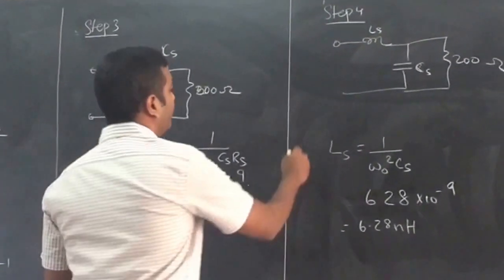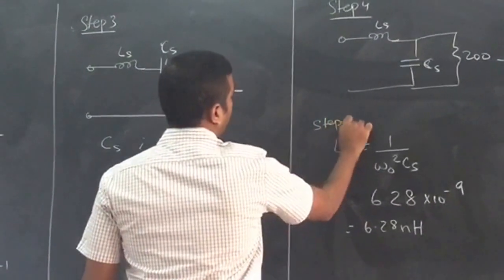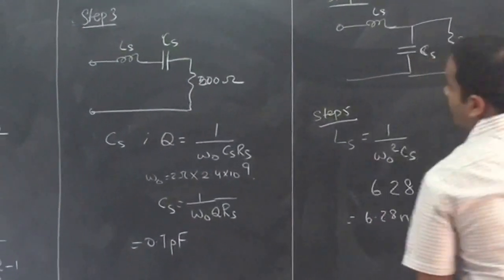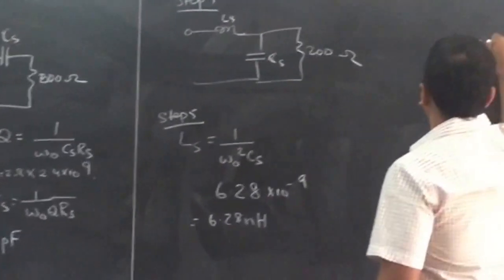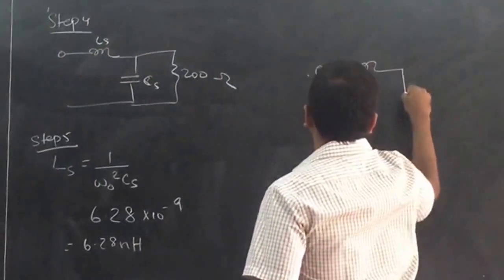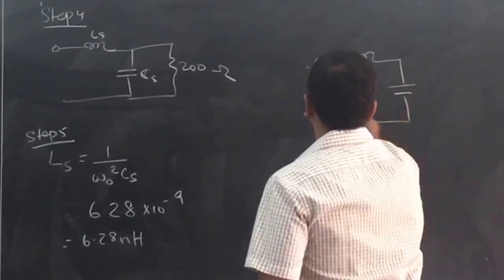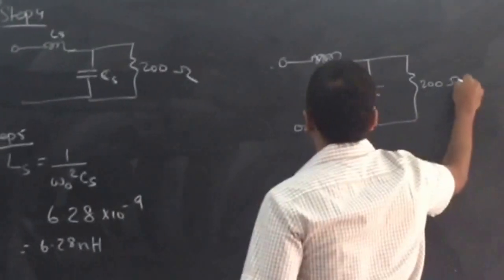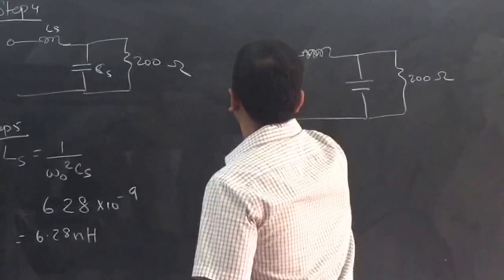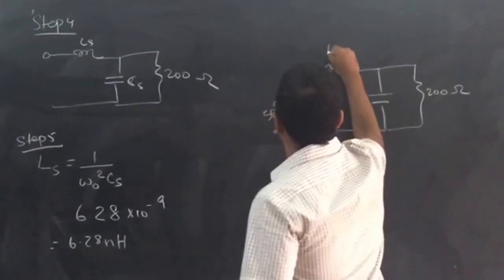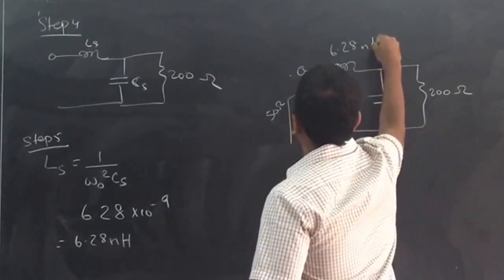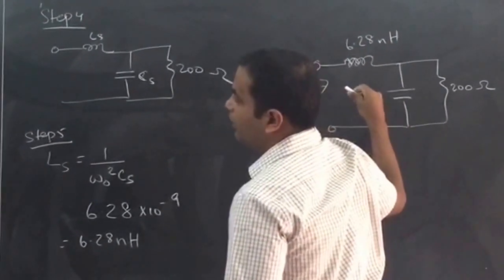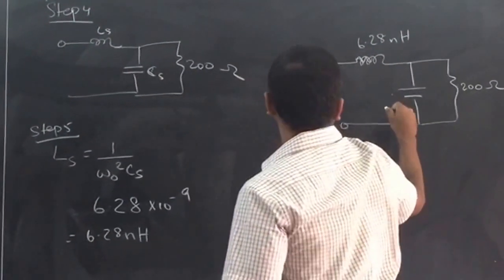So this is step 5. How does your impedance matching circuit look like? This is 6.28 nanohenry, and what is CS? 0.7 picofarad.